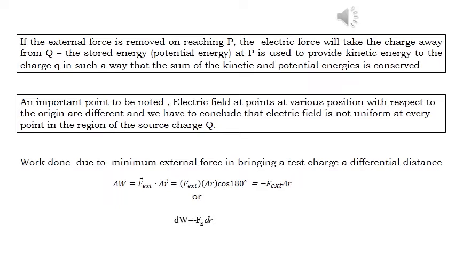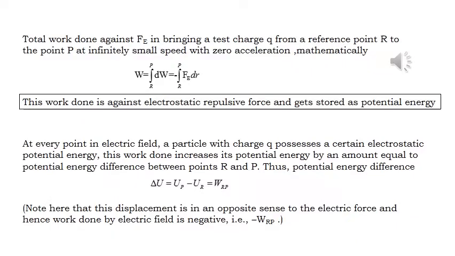So the differential work done dW is equal to minus Fe dr. The total work done in bringing the test charge small q from the reference point R to the arbitrary position or point P is an integration: the total work done W is the integral of dW with the lower limit the reference point and the upper limit the arbitrary point. So dW equals minus Fe dr, and after integration we can get the total work done.